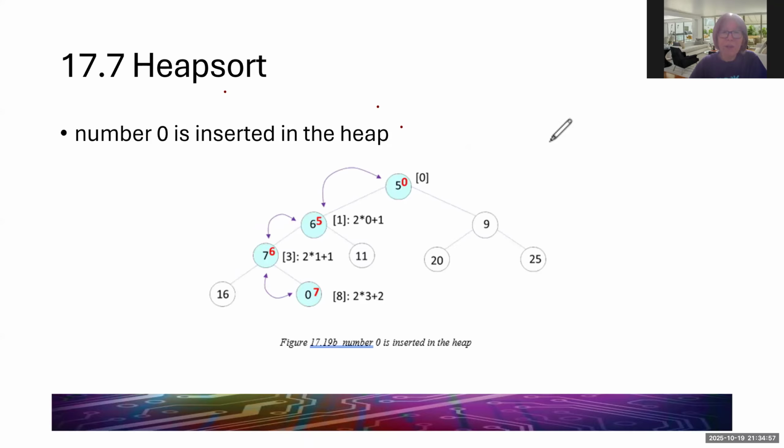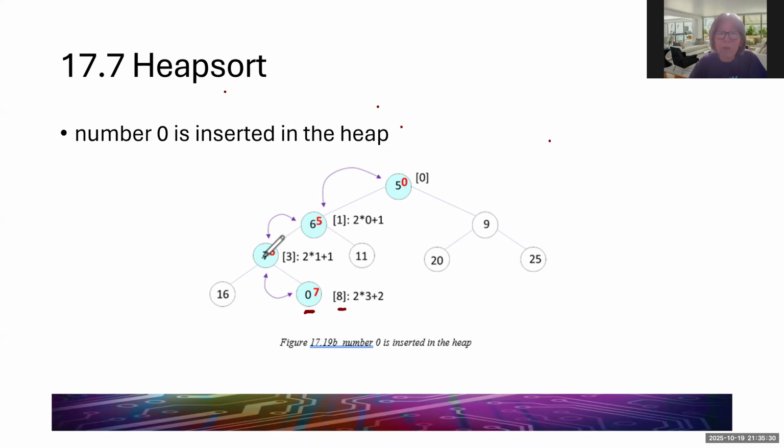Okay, then let's take another look. For node 0, when we calculate it, it should be the parent node for node 7. So we are going to insert it as its right child, at index 8. But after we insert it, same thing, we need to maintain that minimum requirement.